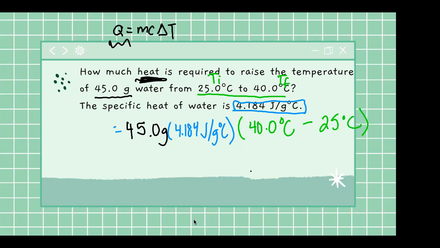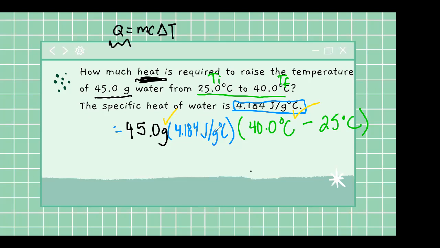Just a checkpoint before you move on to actually solving the problem itself. You have to make sure that everything's in the correct units, which it is. So we have grams, we have degrees Celsius. So we know that our answer will be in what unit? Joules, yeah, joules.